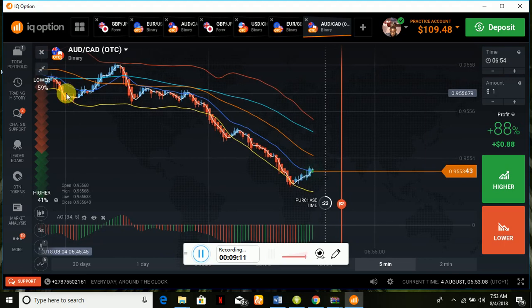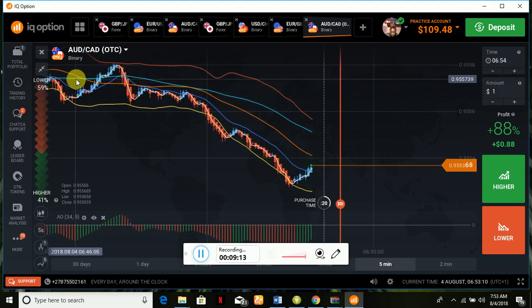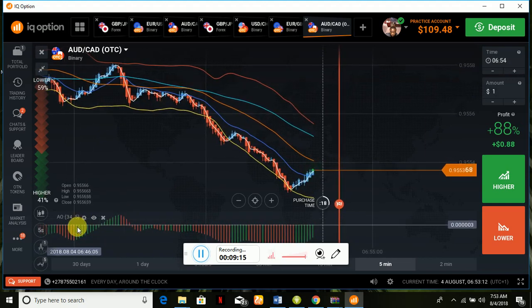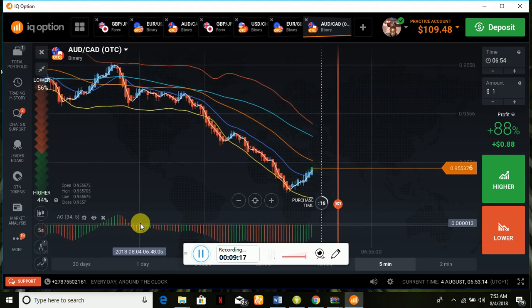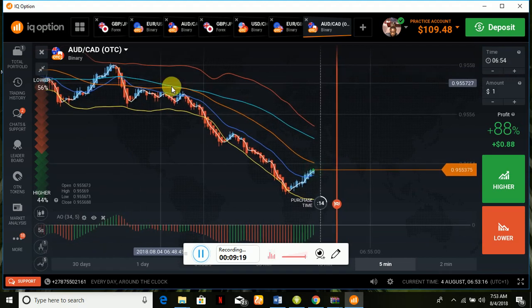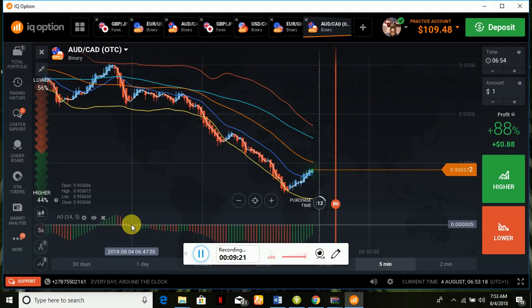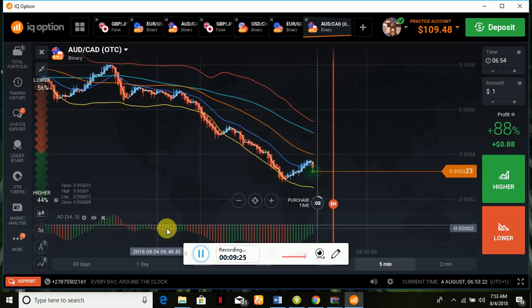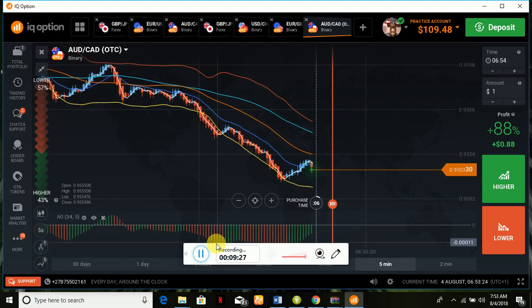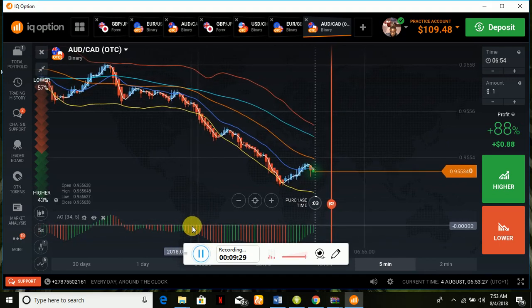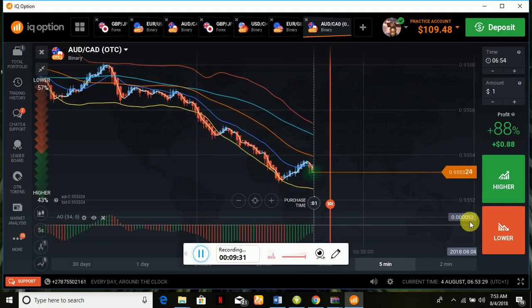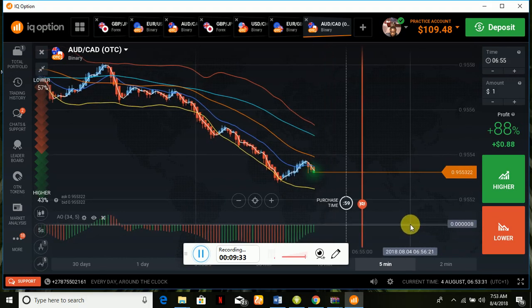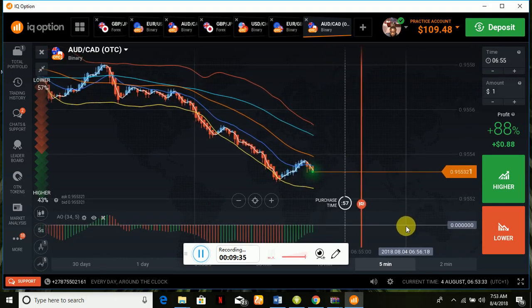Also, if you look at your awesome oscillator here, every time the graph is below this line, the awesome oscillator is below 0. Okay, this is our 0 here. As you can see, if it's above, it's positive.